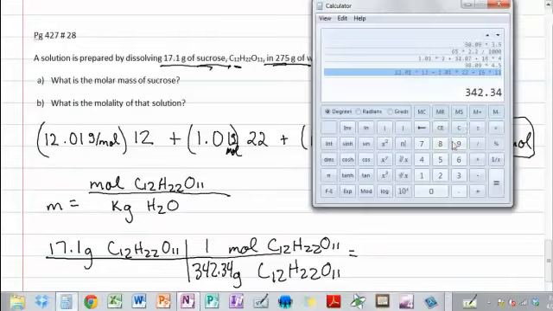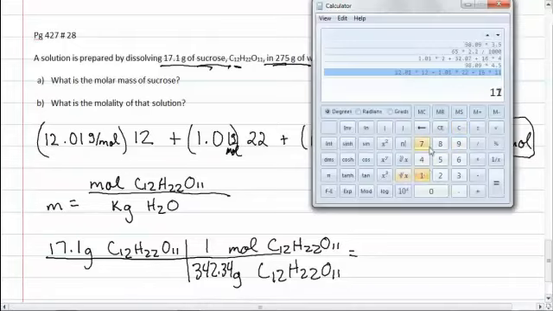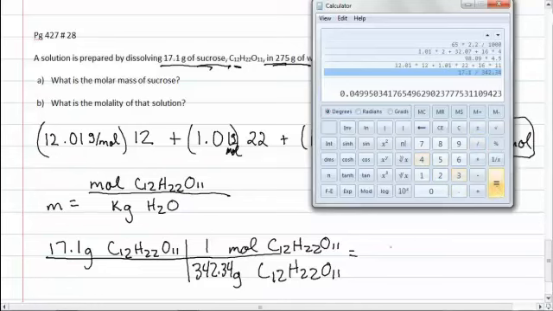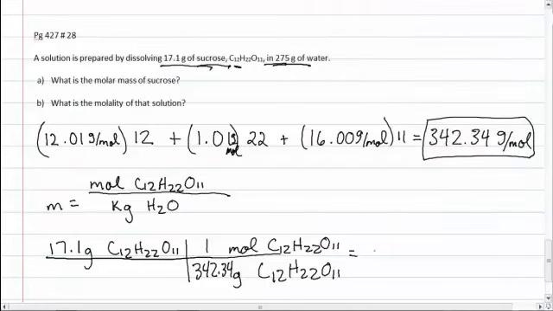Calculate that. 17.1 divided by 342.34, and I get 0.04995 mole of sucrose.